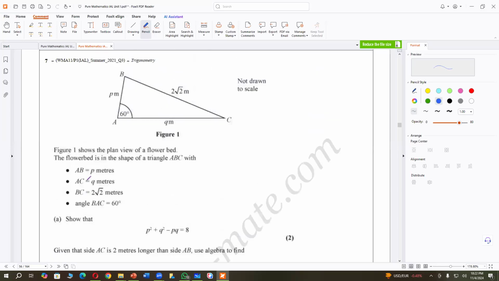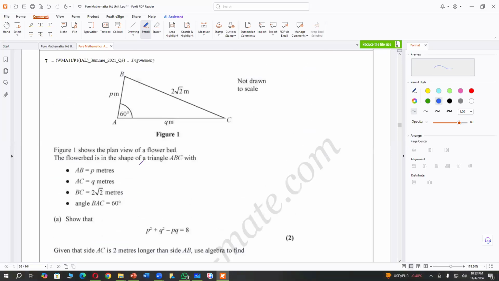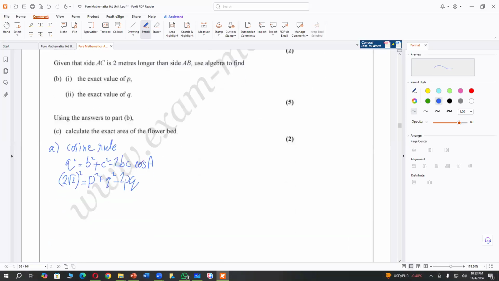And I'm facing P and Q. So I will write P square plus Q square minus 2PQ cos 60. Cos 60 is a half. Cos 60 is 1 upon 2.